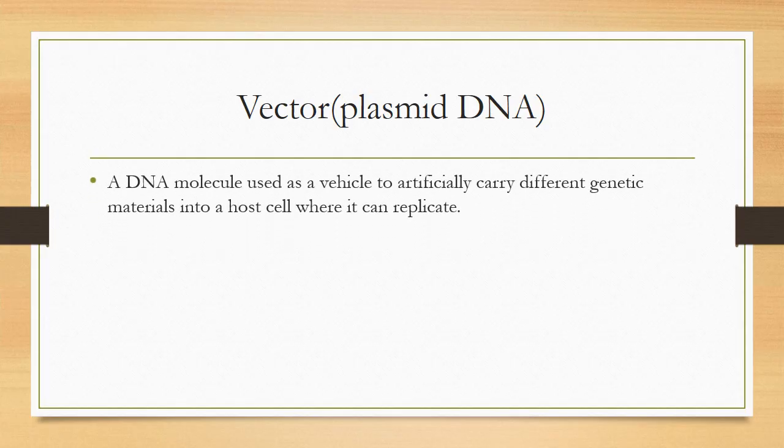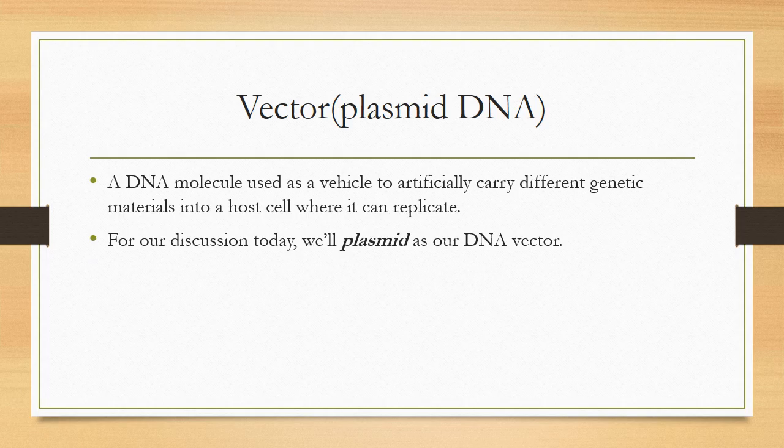They are molecules used as vehicles to artificially carry different genetic materials into a host cell where it can replicate. When we get our restriction enzymes, we get a vector. We cut our gene of interest and insert it into this vector, and then we introduce this vector into our host organism, which most times is a bacterium.